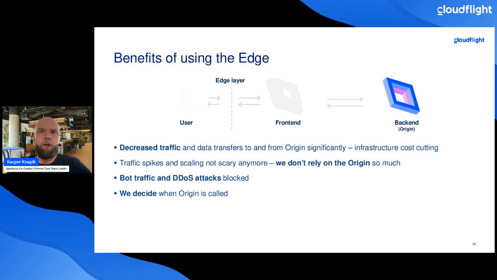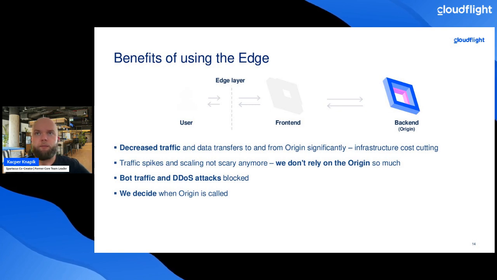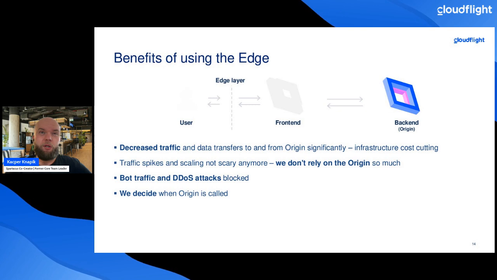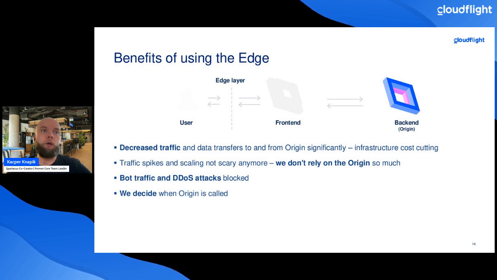And then, looking at the infrastructure, the traffic, and the transfers of data, we are cutting it quite a lot, because if we have 1,000 users visiting and only the first one is triggering the caching mechanism, then 999, with correct configurations and whatnot, will be talking to the edge and not to the origin.